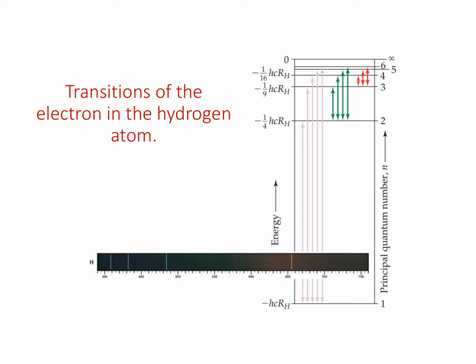So now we have an equation that helps explain the wavelengths of light that we observe in the hydrogen emission spectra. I can calculate, here are all my possible transitions, n equals 1, n equals 2, n equals 3, 4, 5, 6, 7, 8, all the way through infinity.